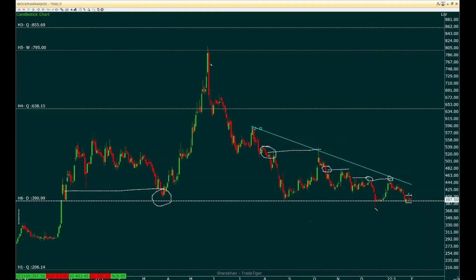Now, from the traditional marking point of view, this is a lower high and lower low formation. What we can expect is that there will be a break below this level, and there will be a pullback. Again, the price will go down. So what we are targeting here is a short move for intraday, at least for 2 to 3 days, where each day on cash we want to sell this stock as soon as we find a good level or a pullback.